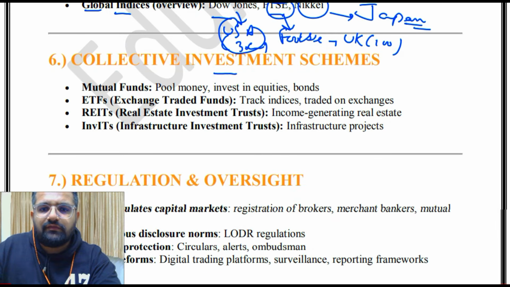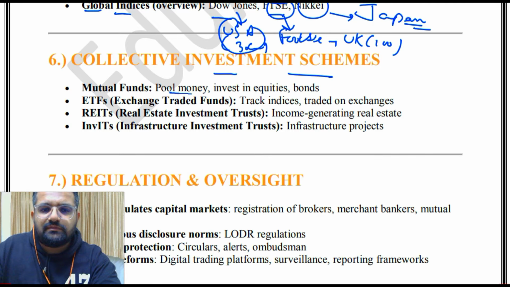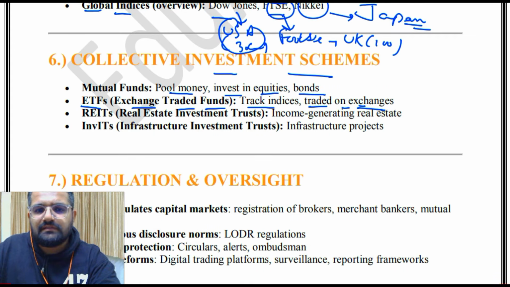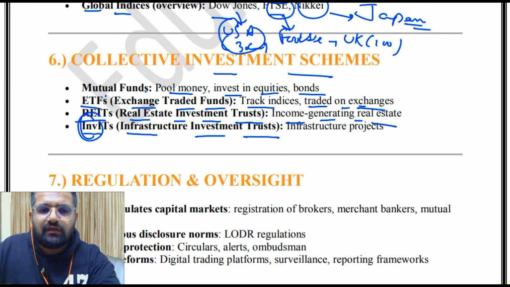Then collective investment schemes. So mutual funds pool money, invest in equities, bonds. ETFs, exchange traded funds, track indices, traded on exchanges. So the name itself tells you, traded on exchanges, that's why exchange traded funds. REITs, that is real estate investment trust, income generating real estate. Then InvITs, infrastructure investment trust, for infrastructure projects.